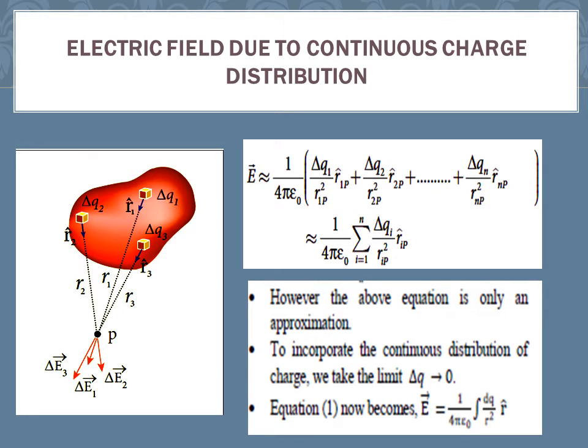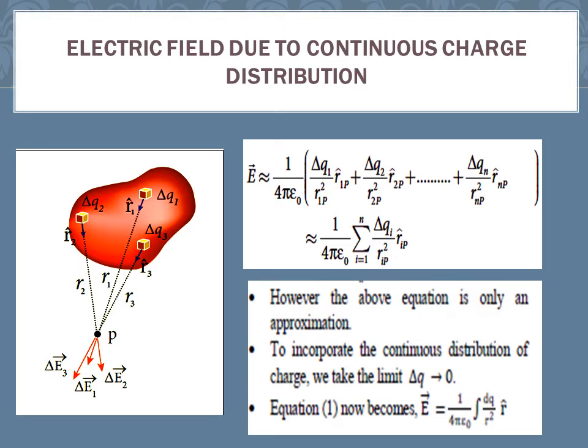Now, as I told you, say for a charged wire or a charged sphere, you have to use integral calculus to find out the total charge distributed in that particular object. Say, for example, you consider a charged object which is irregular in shape, and the entire object is divided into a large number of charge elements.